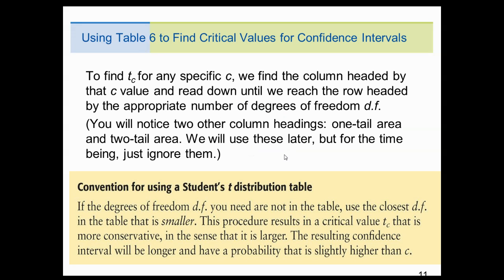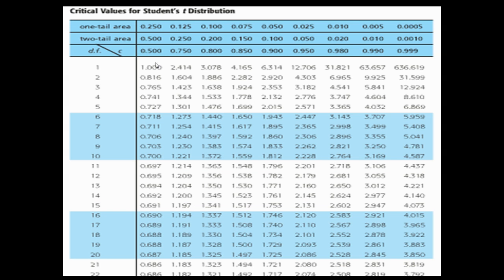And how you're going to find it is using that t-distribution table that I've told you to download. Here we're talking about how you actually use the table. It's better if I just show you an example. All right, so at the very top here, you see the area for 1 tail and 2 tail. Ignore this.